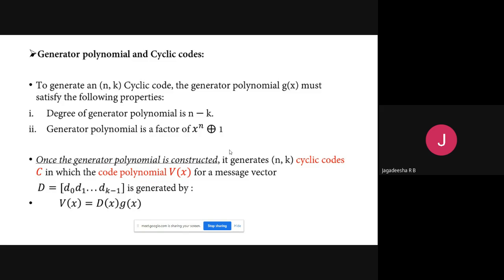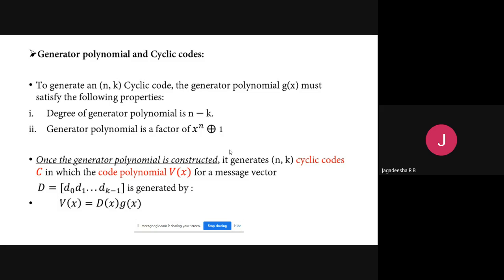Once it is constructed, it generates the cyclic code we want, in which the code polynomial v(x) is equal to d(x) multiplied by g(x).